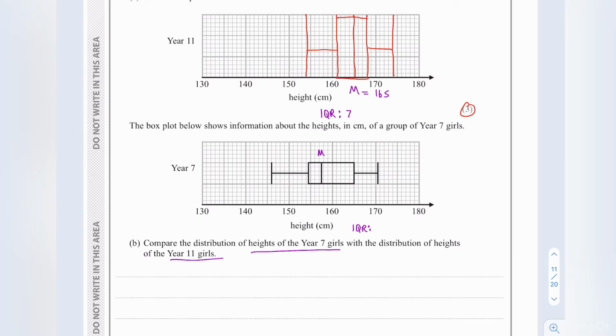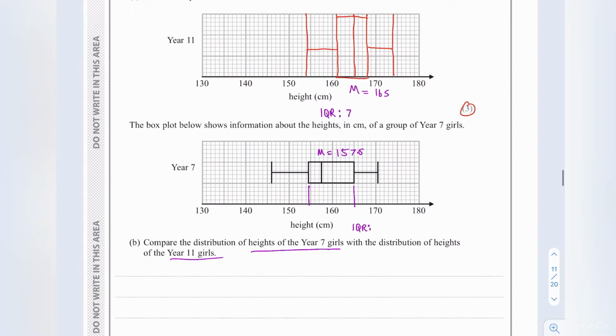And then for the Year 7s, our median result was 157.5. And then our interquartile range goes from there to there, which is 10.5.